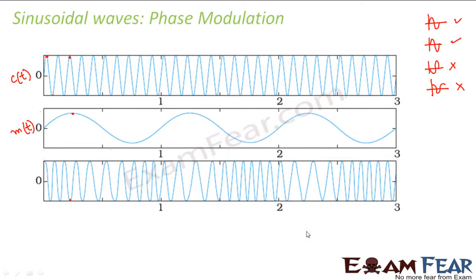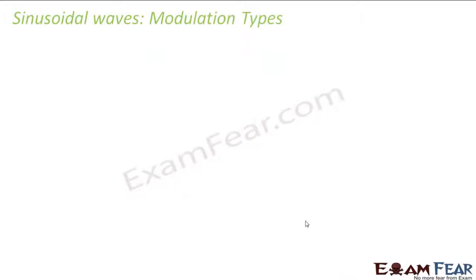So once the phase changes, even though the carrier wave goes like this, the phase modulated wave might go somewhat like this, like this. So it will not have any phase relation. It will not be in phase with the carrier wave. Right? So the carrier wave changes its phase after being phase modulated by the message signal. Clear? Okay. So these were the types of modulation.